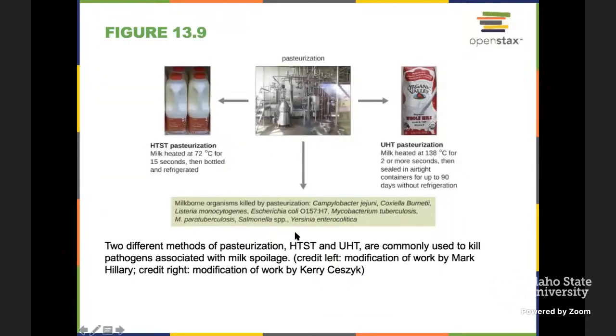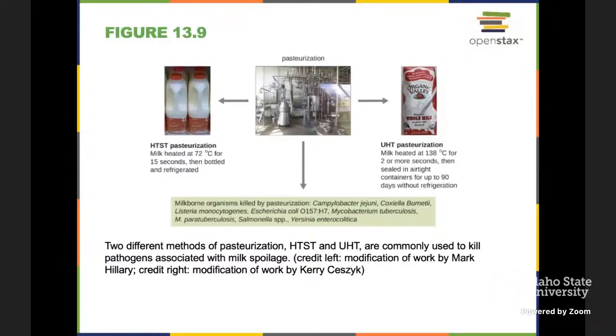So we talked Louis Pasteur before. Pasteurization processes aren't completely killing everything. Typically, they're not. What they're truly doing is bringing down the level of true pathogens so that this product is safe.